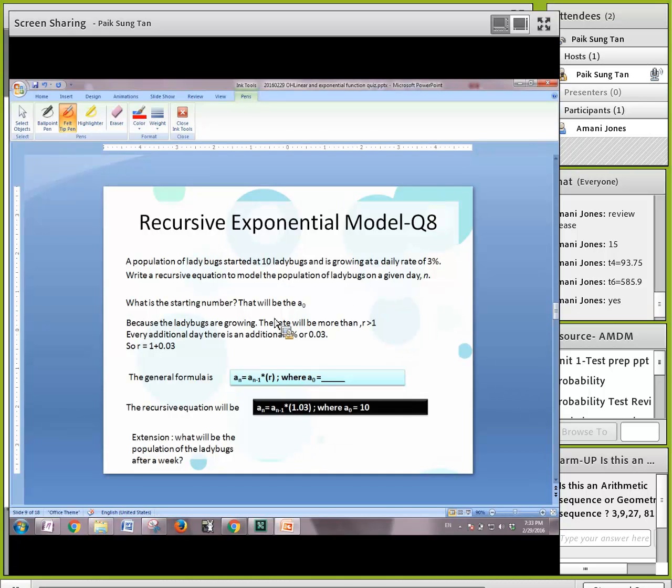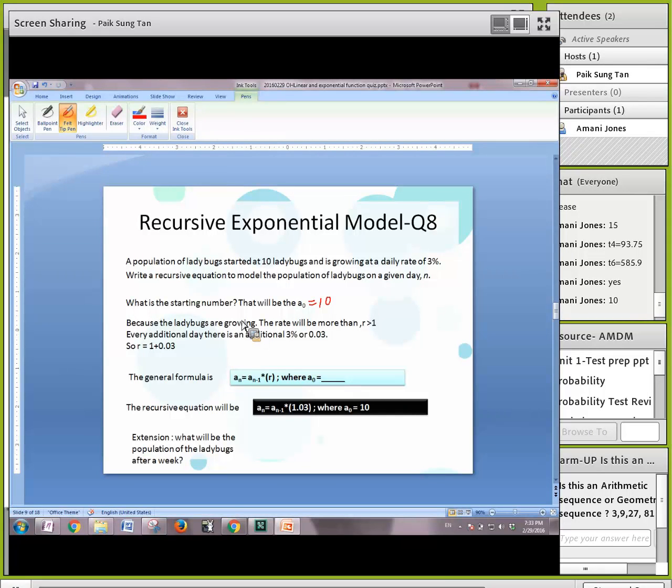What is the starting number? That will be the a sub 0. In this question, what is a sub 0? You need to find that out. Good, you got that. So a sub 0 is equal to 10. Because the ladybugs are growing, the rate r has to be greater than 1.